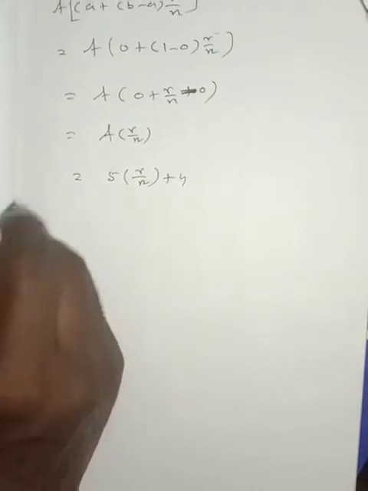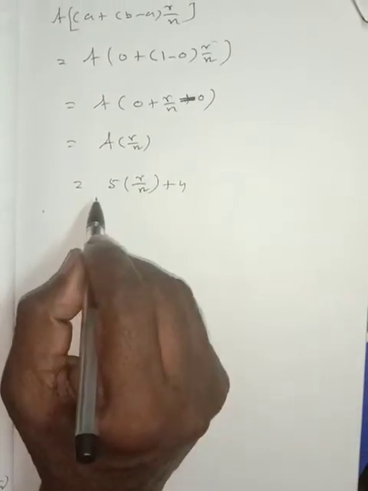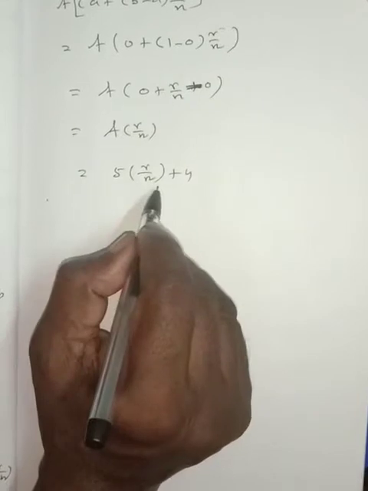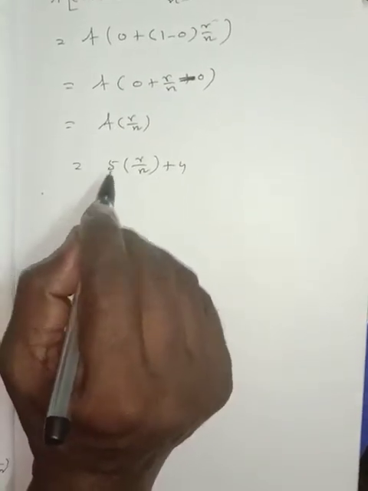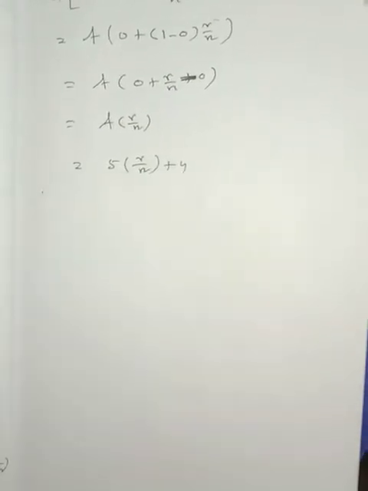Now integral 0 to 1 of (5x plus 4) is written as 5 into r by n plus 4.